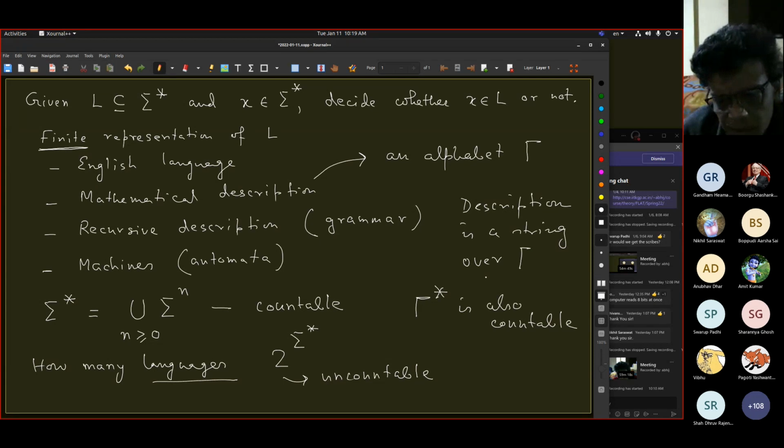What is the question? Can a description describe more than one language? How can a description, I mean, for example, if you look at the English language description, the set of all primes, how can it describe two different sets?